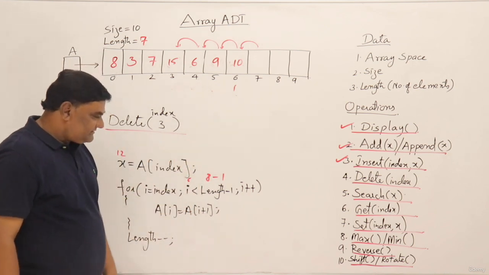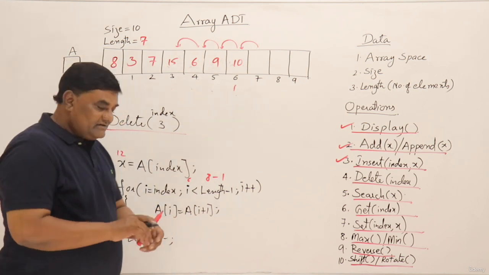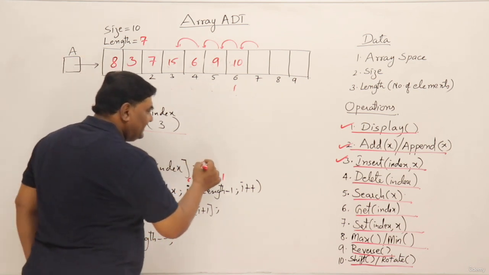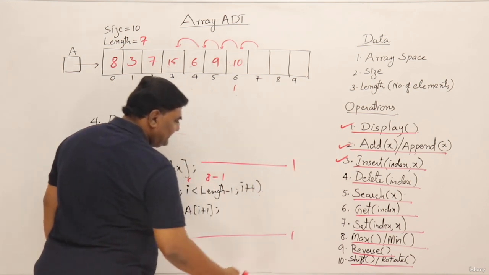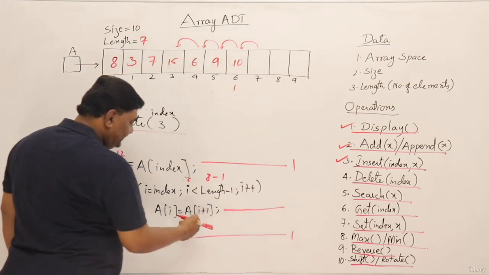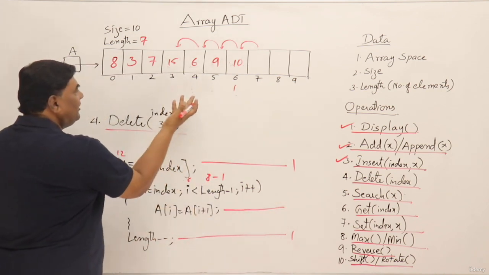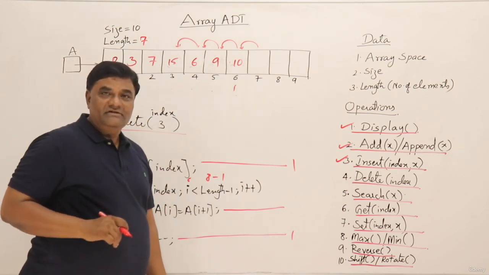Now let us analyze how much work is done here. What is the time complexity? Copying the element from a given index takes 1 unit of time, and decrementing length takes 1 unit of time. And in this loop, the statement that is shifting the elements, how many elements are shifted? It depends on what index I have given.